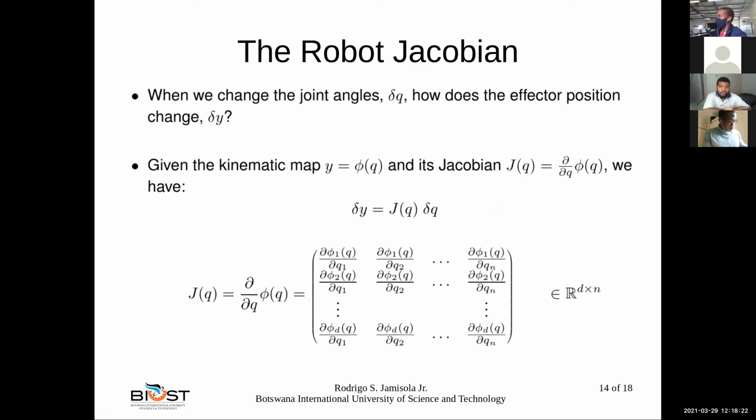The incremental movement of the hand is equal to the Jacobian times the incremental movement of the joints, and it's linear. So that's the basic definition of a Jacobian matrix.